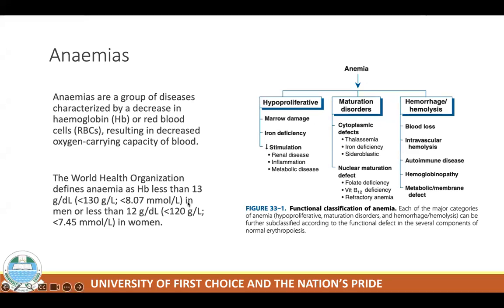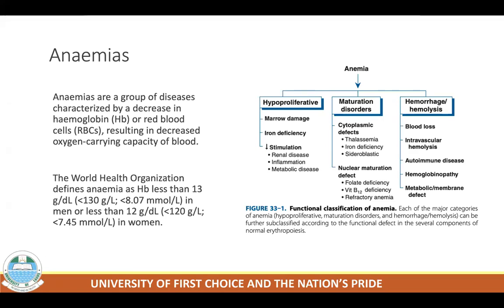Okay, so on to granular definitions. The WHO just holds a general picture that in men, you have hemoglobin concentrations less than 13 grams per dL, or less than 130 grams per liter, or less than 8.07 millimoles per liter.